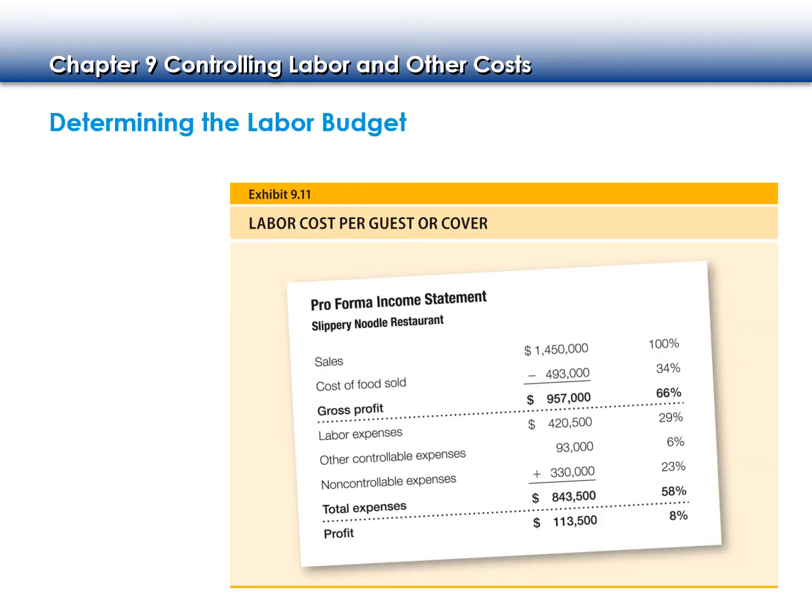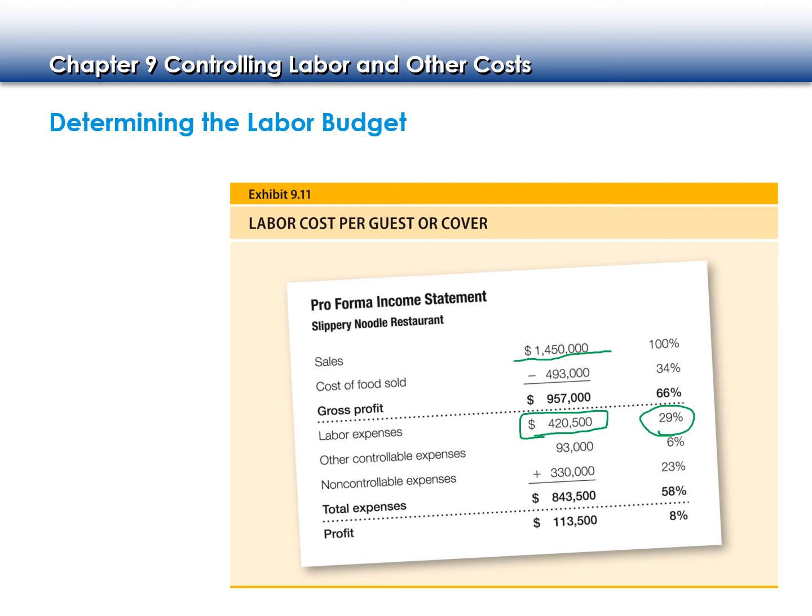So we look at our labor budget. Forecasting is an estimate, so we can put in as a percentage what we want to have. If our forecasted sales is $1.45 million here, and our labor expense is going to be $29,000, then this means our budget for the entire year is going to be $420,500.